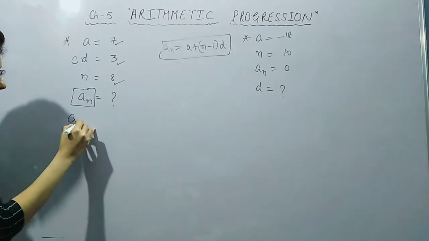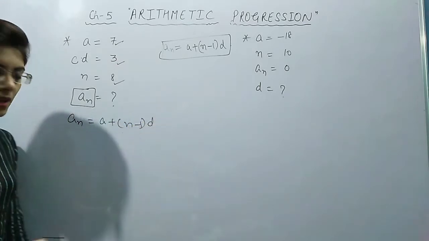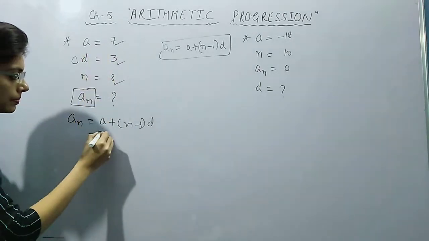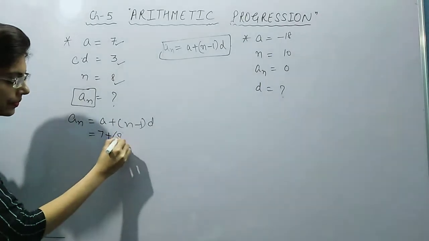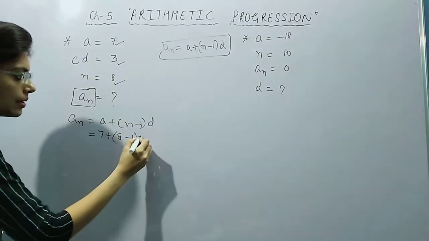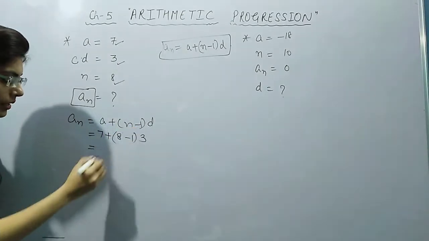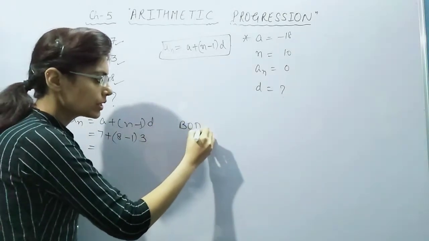I will be writing here an is equal to a plus n minus 1 into d. Putting the values, value of a is 7 plus value of n is 8 minus 1 and value of d is 3. I hope you know how to put the values. Then BODMAS. In calculation always follow this rule.